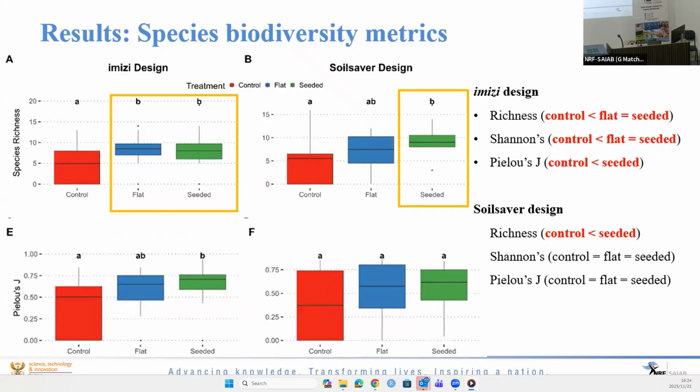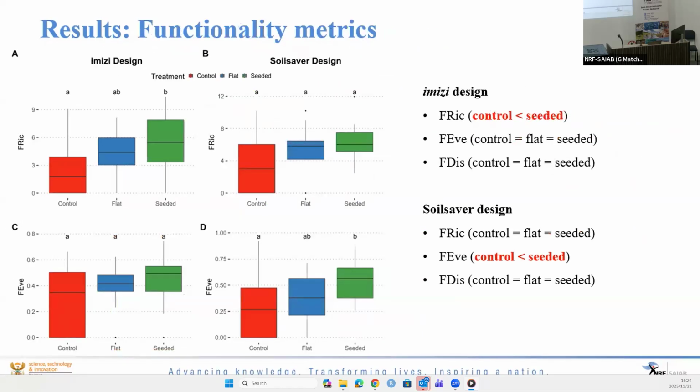For evenness, we found that it was only significantly higher in the seeded treatment compared to the control for the Emisi design. For functional metrics, we only found significant differences in functional richness as well as functional evenness in both designs, which was significantly higher in the seeded treatment in the Emisi design as well as in the soil saver design.